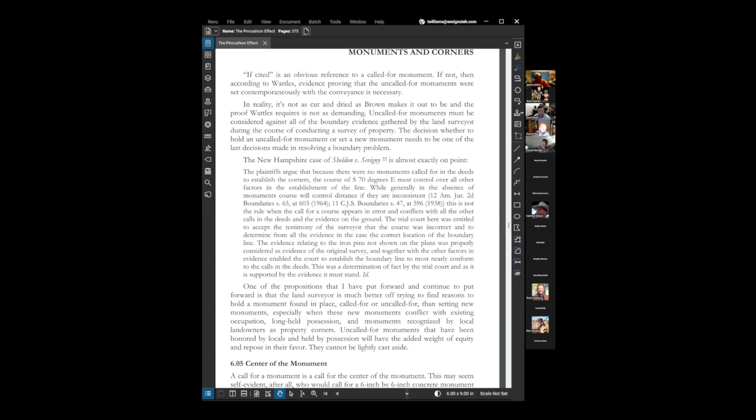The plats were very good, the control was very good, but those back monuments weren't set. So anytime you find a monument at the back of one of these lots, it's not controlling, it's not original. And you're at liberty to set a point there that matches the lot geometry. That's the way it is in Arkansas.